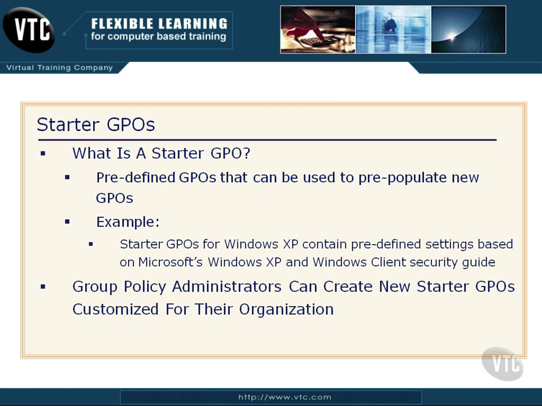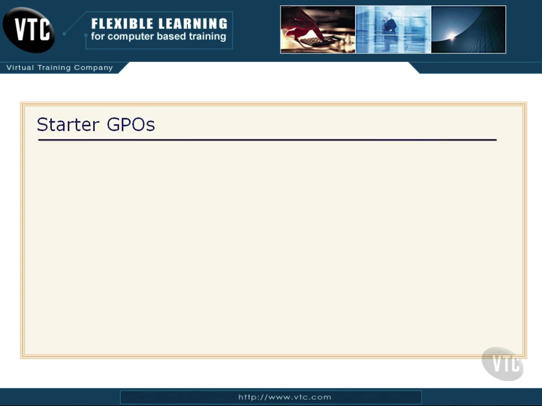Now, group policy administrators can create new Starter GPOs customized for your organization, and then, of course, tweak those, save them out there, and then future GPOs that they create can be based on those Starter GPOs that they created.